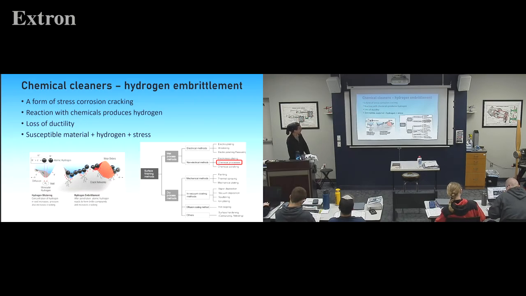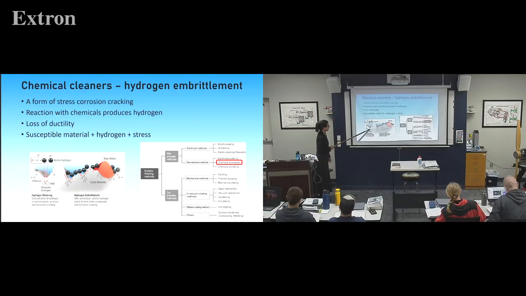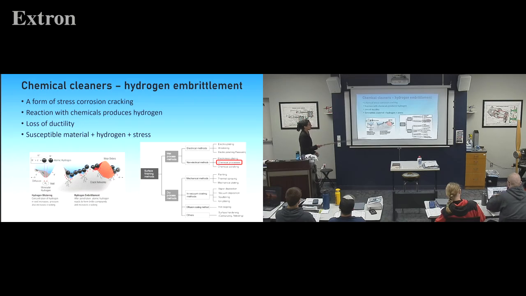But what happens is there is a reaction of the metal with the chemicals that produces hydrogen, so the little hydrogen atoms kind of leach into the metal, little cracks develop, and then they start to produce debris which works into these cracks, and that reaction causes a loss of ductility.